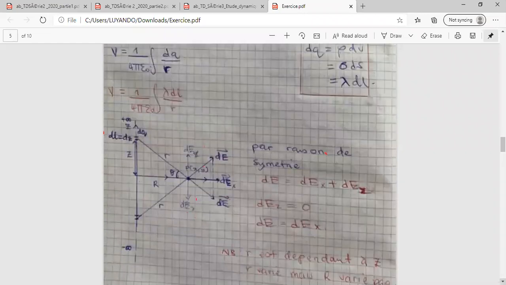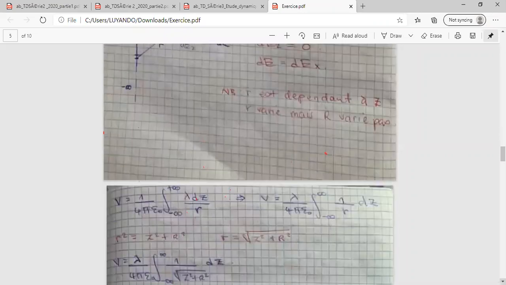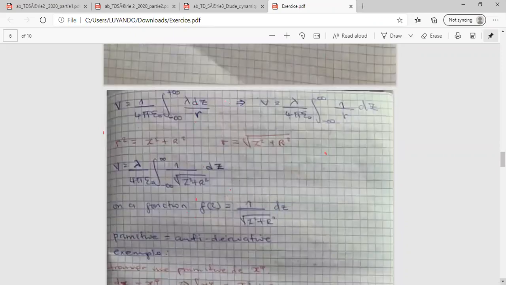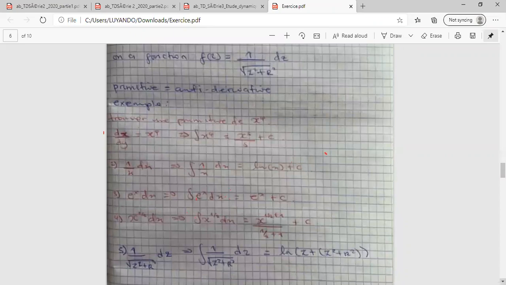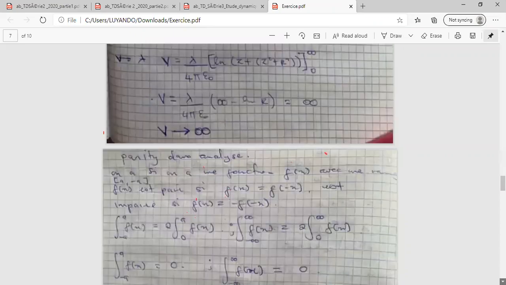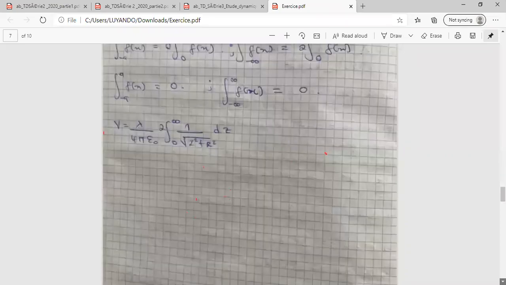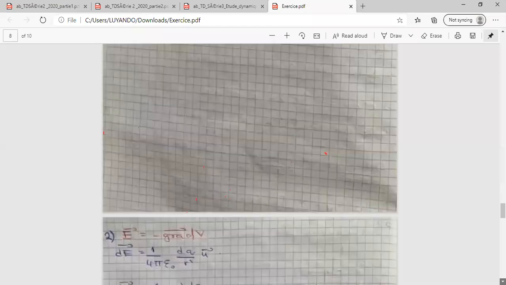You'll be shown how to prove it, and then it will be a bit easier for you. But for now, this is what we have. We've been told to calculate the champ E.